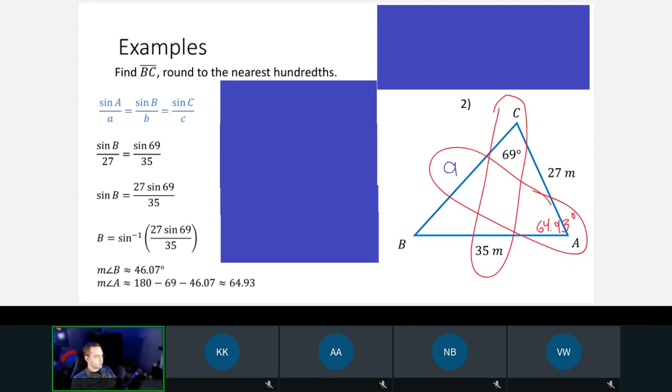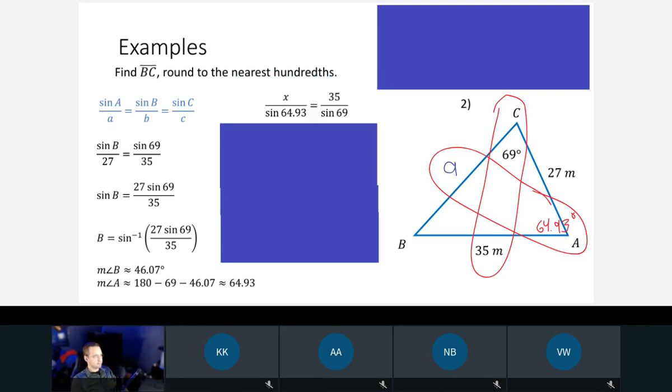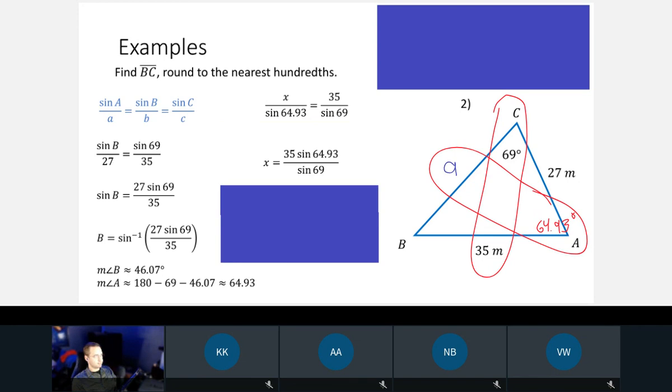So I think that's what I did. Yep, I did. And we would just solve for x. And that's how we get the final answer of 33.96, rounded.